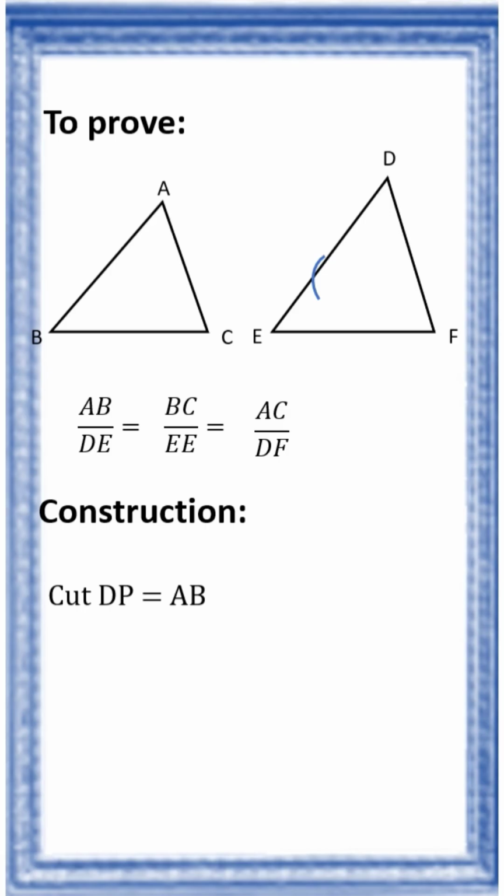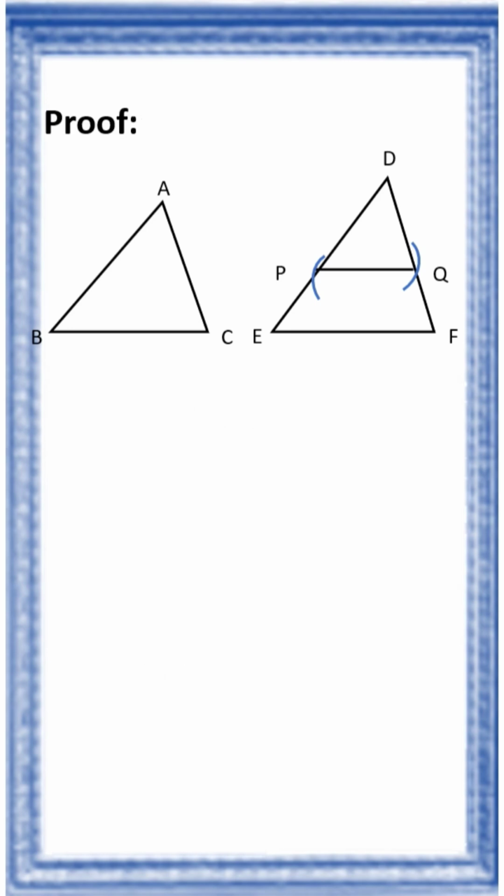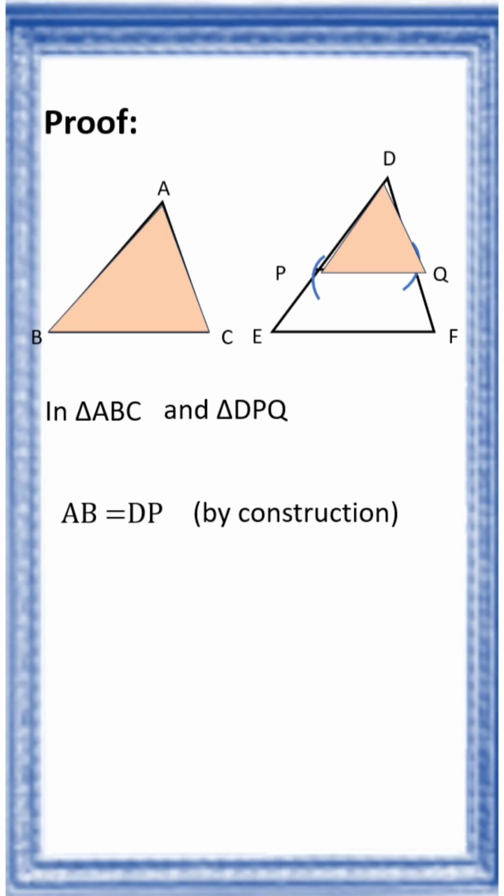like this and DQ is equal to AC. Join PQ. Proof. In triangle ABC and triangle DPQ, AB is equal to DP by construction.